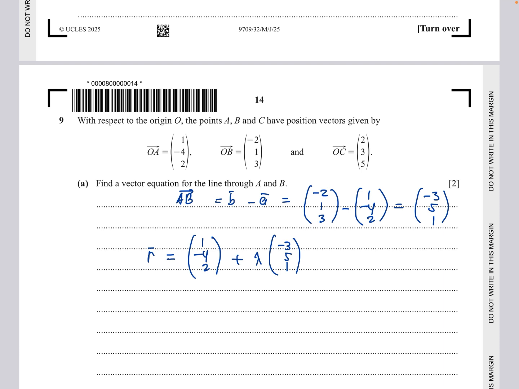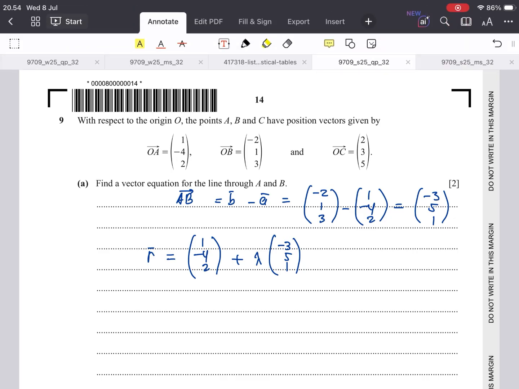So in order to find the equation of a line, we need to find vector AB first. Vector AB can be found by the formula position vector of B, which is OB, minus position vector of A, which is OA. So vector AB is (-3, 5, 1).